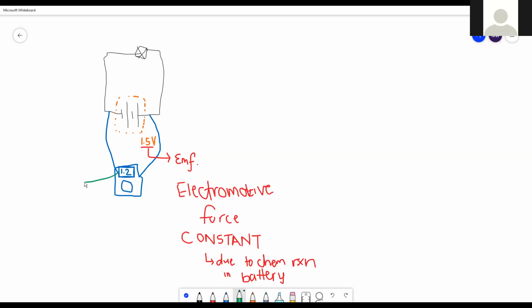So this we call the terminal velocity. The other way that we can call it is the V load.